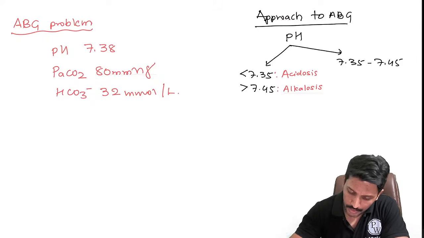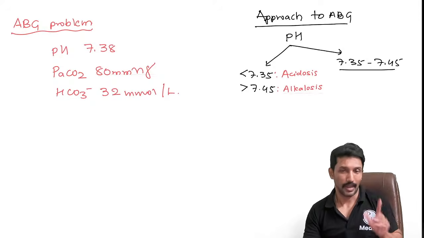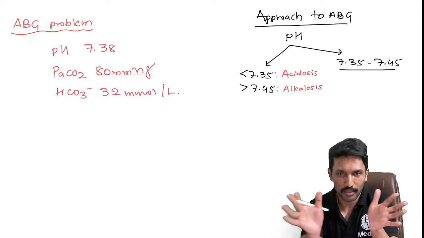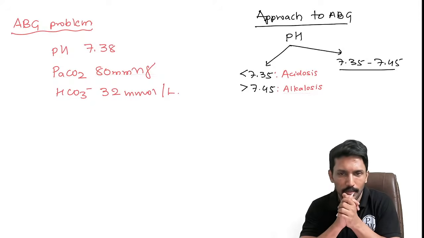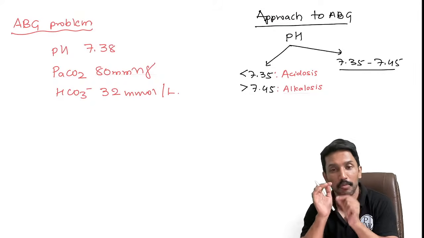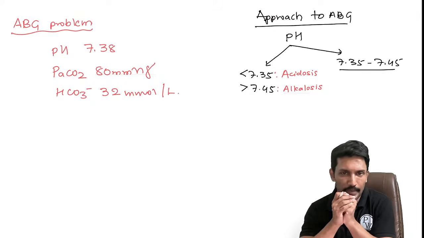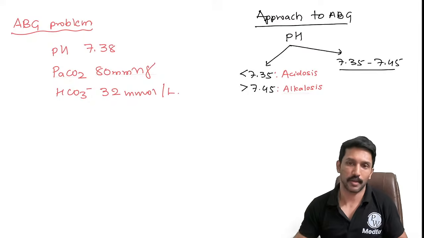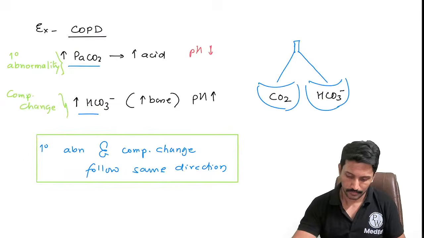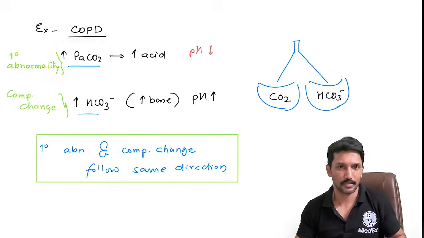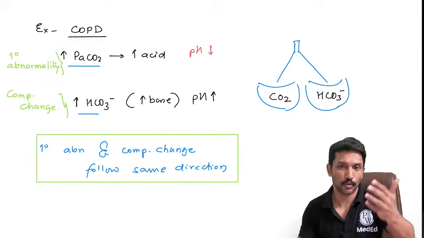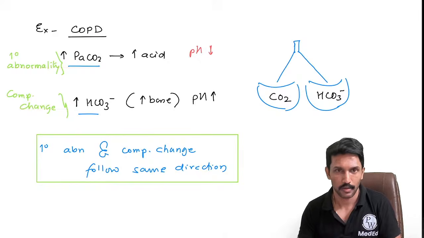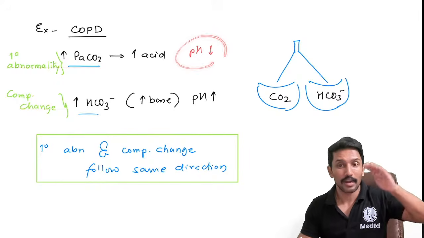But if the pH is in the normal range, there are two possibilities. Either you have no acid-base disorder at all, it's a perfectly normal ABG report, or you may have an acid-base disorder and the compensatory change might have corrected the pH back to normalcy. Like in this case, PaCO2 was increased because of your respiratory system's failure to clear carbon dioxide in COPD, and because of that your pH was dropping.